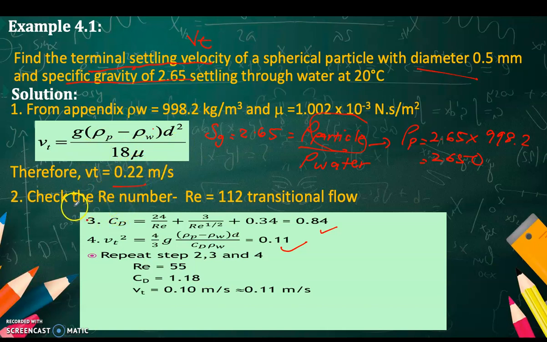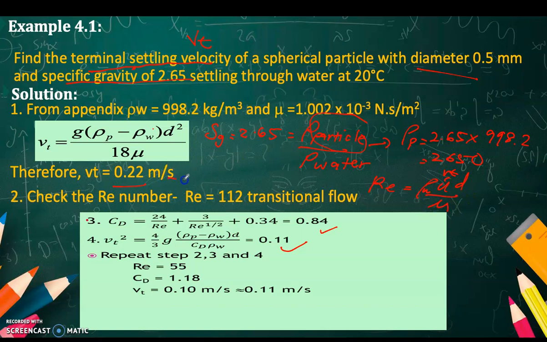Then check the Reynolds number. How do you check it? You use the normal Reynolds number formula, Re equals rho times v times d over mu. You have the density of water, the terminal velocity Vt from just now, the particle diameter d, and the viscosity.